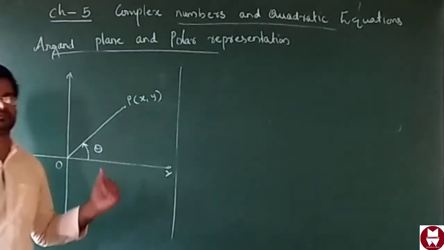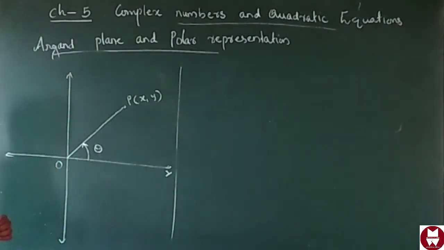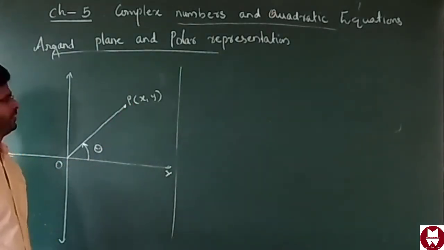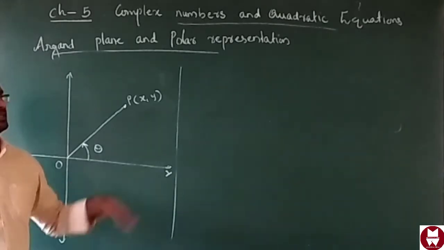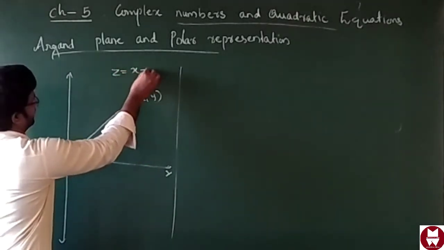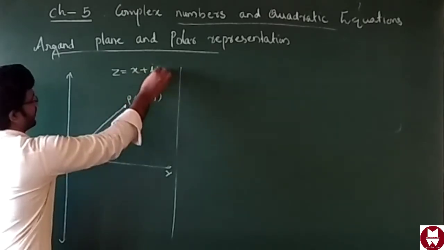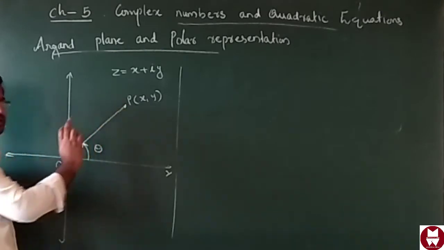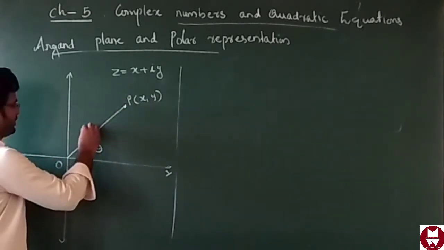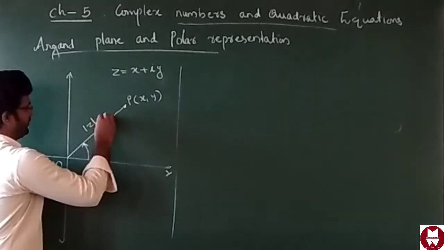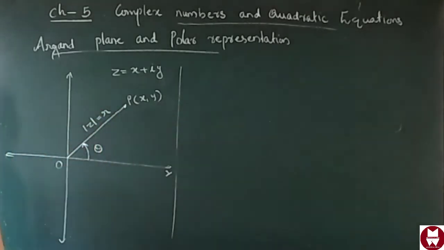If we consider this Argand plane, I have already marked one point, that is P, x, y. We can write one complex number related to this point, that is z equal to x plus i y. Then the length of OP is known as the modulus of z. Sometimes we represent it by small letter r also.